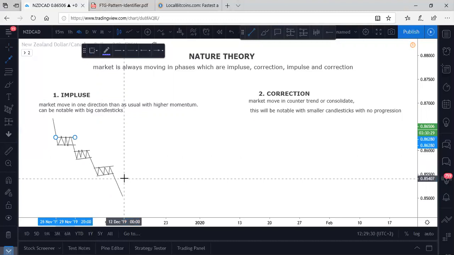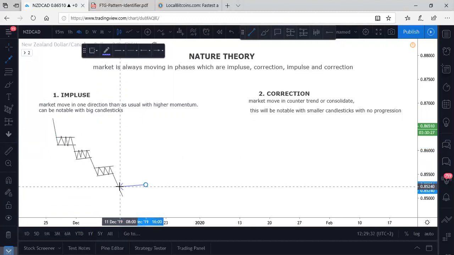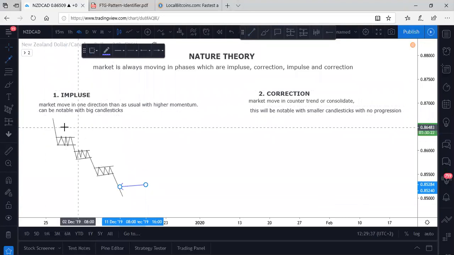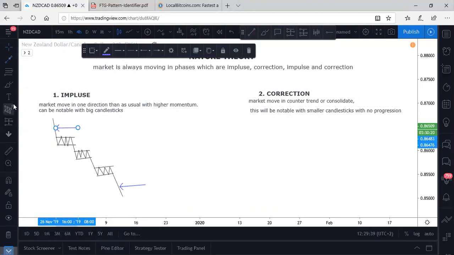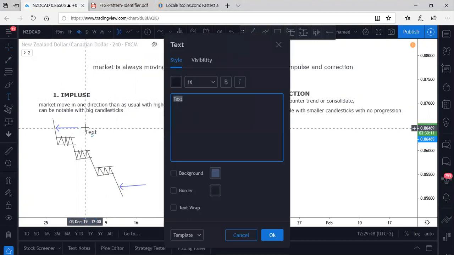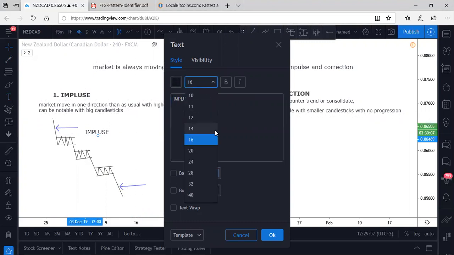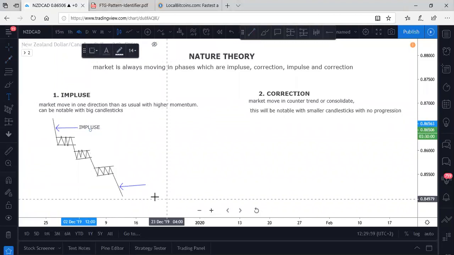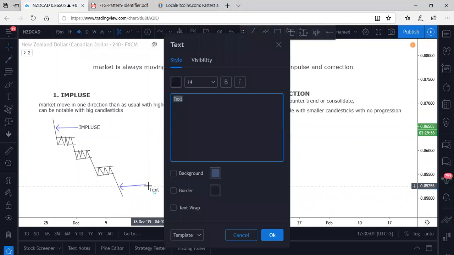So as you can see, these are impulse. These are impulse.